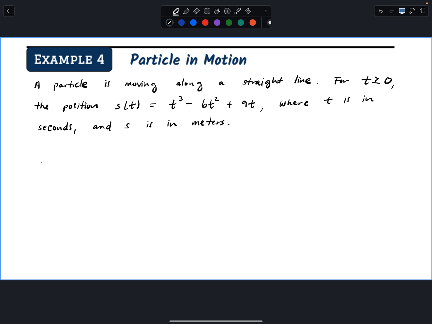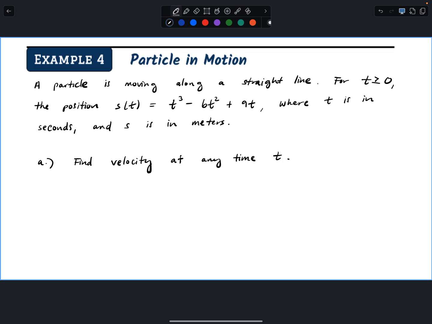All right, so for part A, find the velocity at any time t. How do you find the velocity if you know the position? Derivative. So all this is saying is just take the derivative.